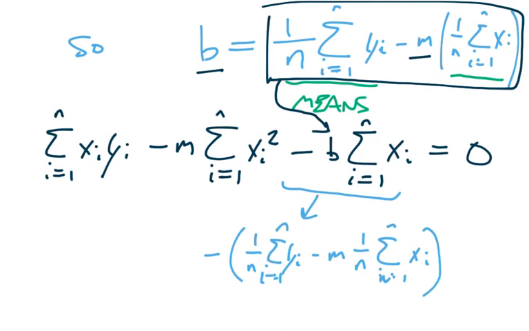And I'm going to multiply that by the sum over the xi's. All right? So this is what you end up with.